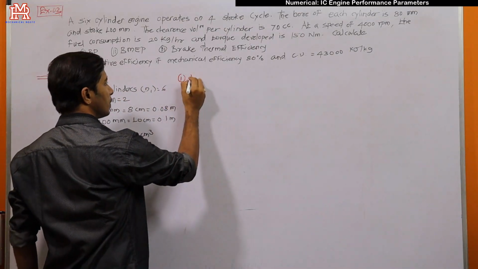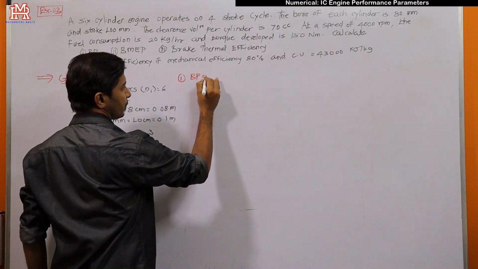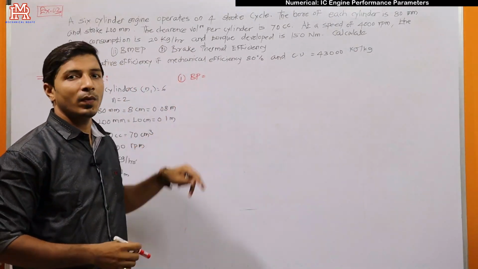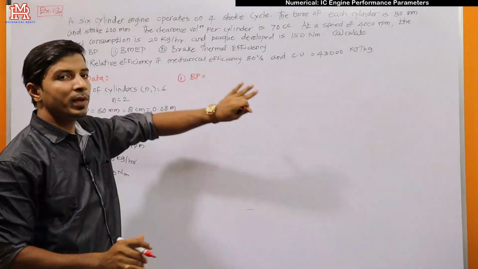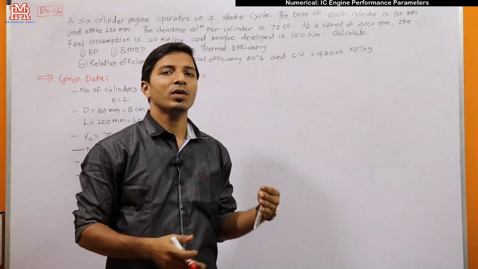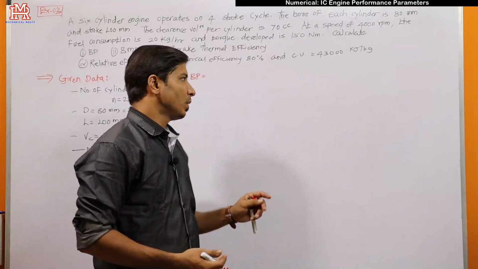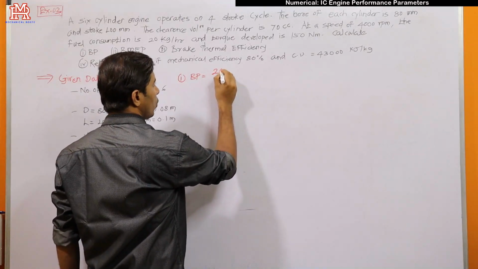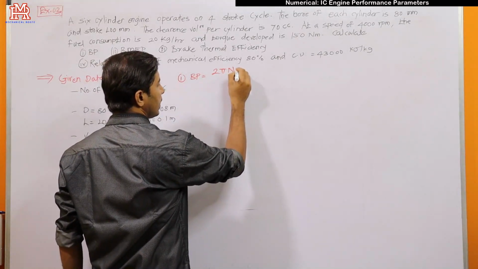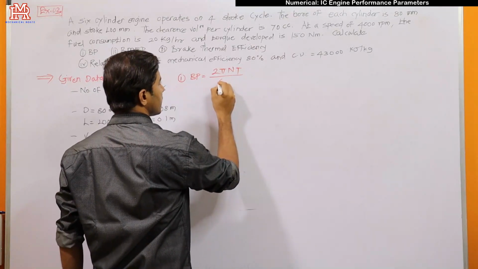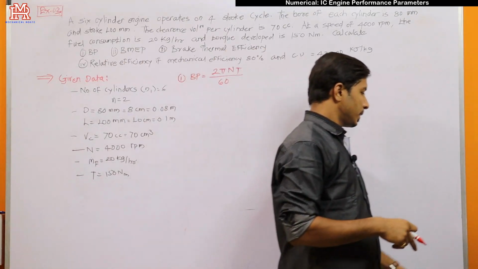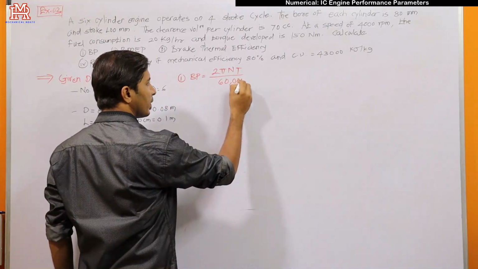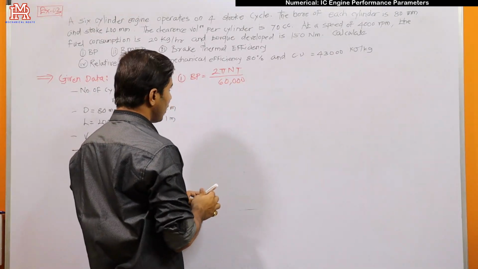So brake power. We do have different formulas in order to find out brake power, but here they have not mentioned any dynamometer used. They have directly given the value of T. So we have the basic formula to find out brake power, which is 2 pi NT by 60,000, since I need this in kilowatt. So you can directly substitute the values.